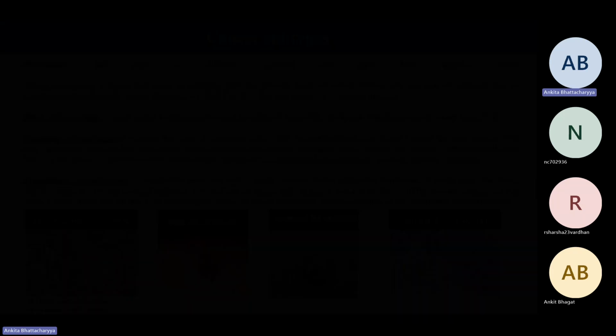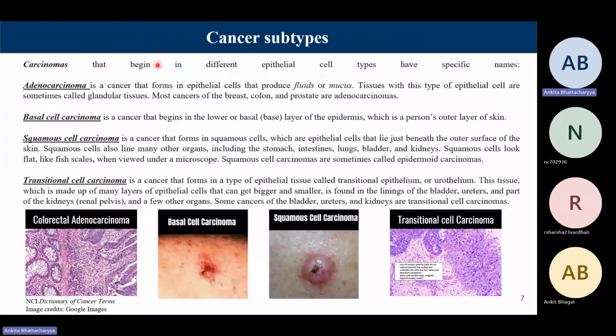Okay. Then we understood the different nomenclature under carcinomas as well, like adenocarcinoma forming in epithelial cells that produce fluids or mucus, which is majorly generated from glandular tissue. Then basal cell carcinoma that begins within the basal layer of the epidermis, within a person's skin's outer layer.